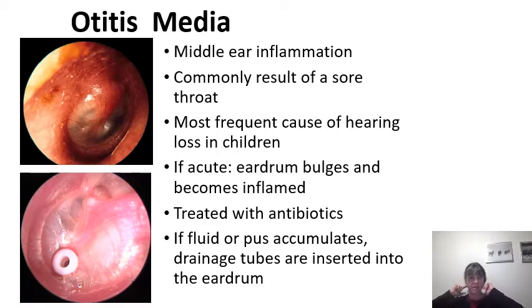And if atlas becomes displaced, that can actually cause the eustachian tube to become blocked. So sometimes it's as simple as getting a child adjusted to stop the ear infections from occurring, and it's usually very, very successful in terms of the rates of success for ear infections in children.